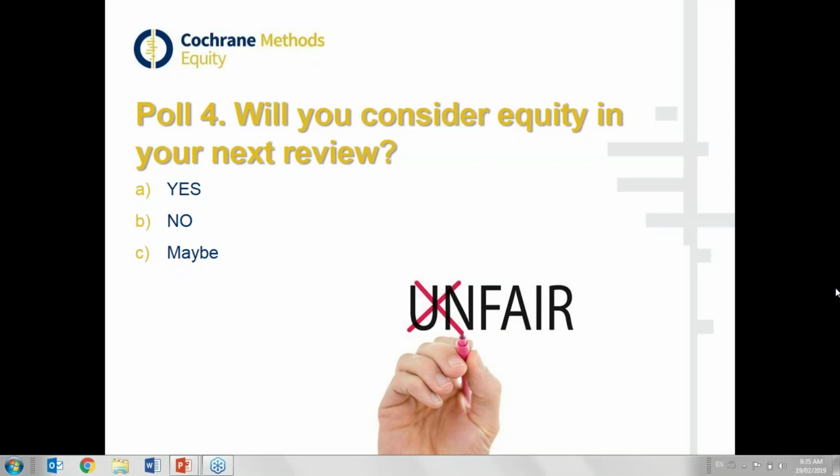So Cochrane reviews, where now summary of findings tables are mandatory, which includes rating the quality of the evidence with the GRADE quality tool. The general approach to that in the Cochrane review is to assess the directness of the evidence across PICO, so the population, the intervention, the comparison, the outcome.